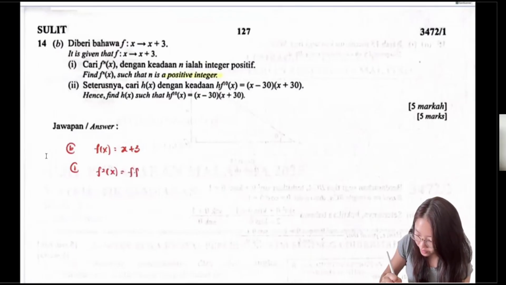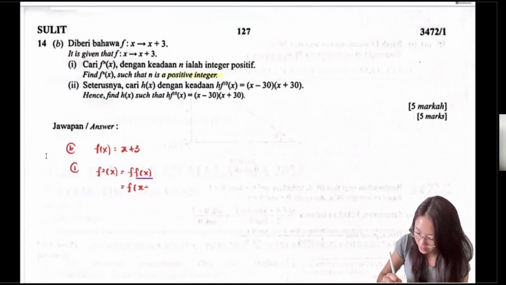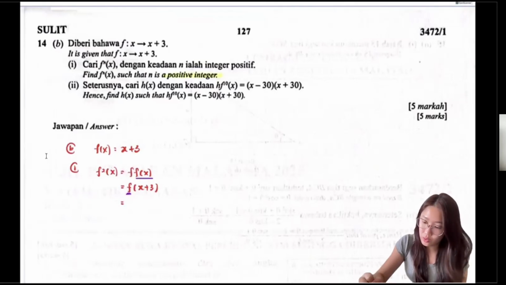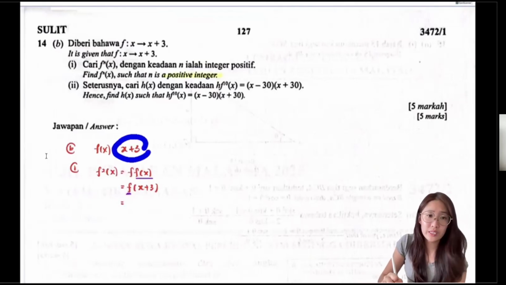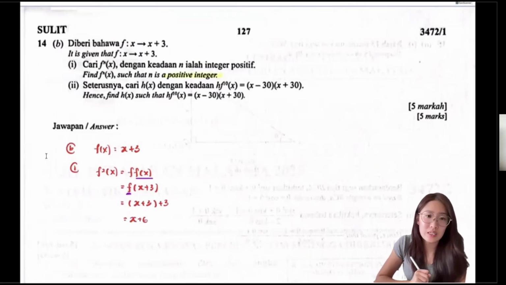F squared is f(f(x)). So sub in, composite, sub in the f(x) inside first. This is x plus 3. Then when you see f again, you are going to write x plus 3 again. But the x this time you put a bracket because it is something else. So bracket plus 3. Bracket copy from the top, you get x plus 6.